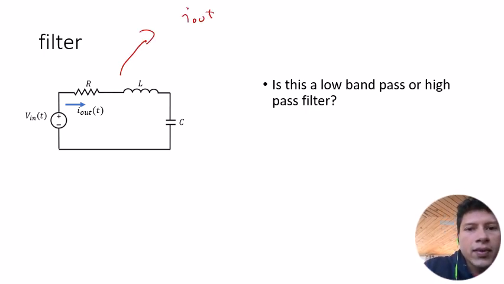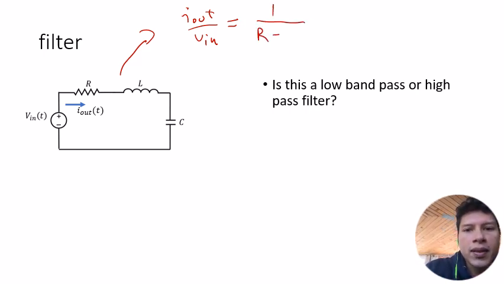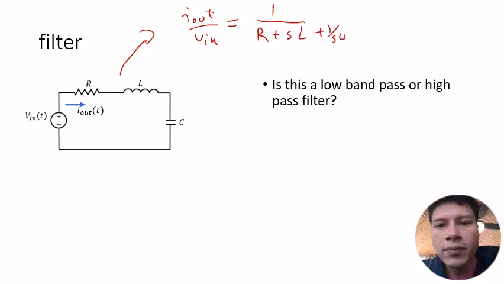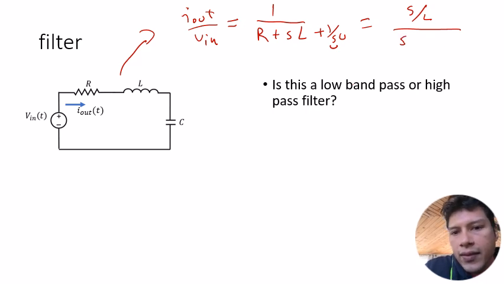I out over V in is equal to 1 over the impedance, so 1 over R plus SL plus 1 over SC. And remember that we don't like these S's in the denominator, so I'm just going to multiply by S and divide by L. So I'm going to get S over L divided by S squared plus R over L S plus 1 over LC.